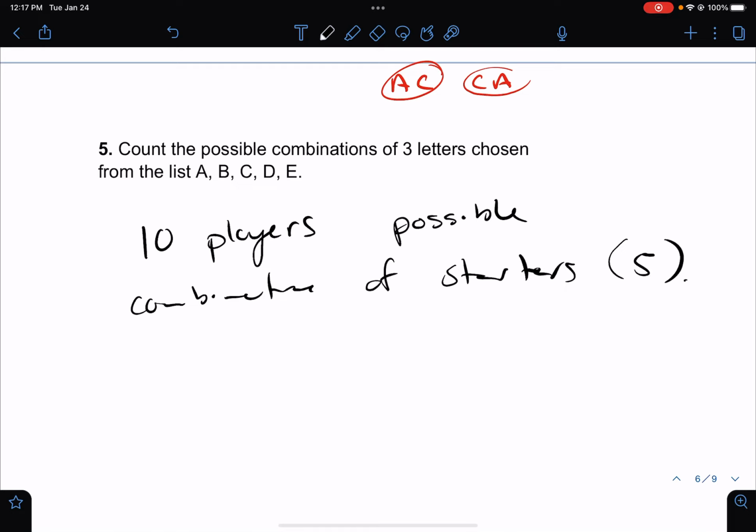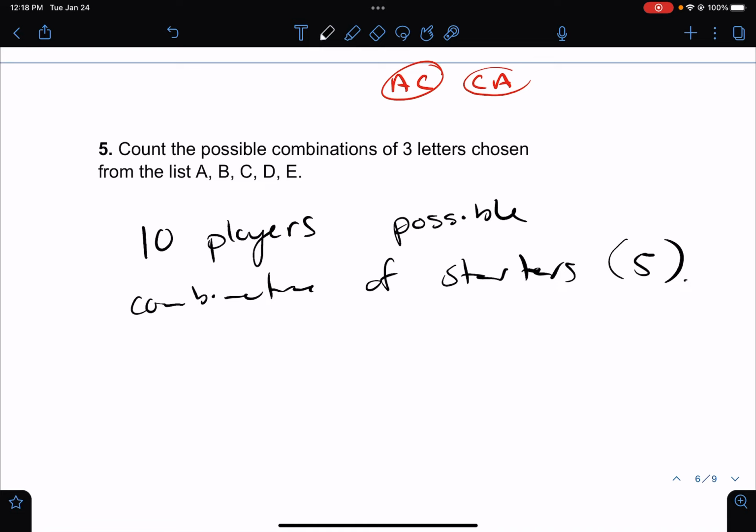So if you don't know basketball, if you have 10 players on your team, only 5 of them can be on the court at the same time. So if I have 10 players, how many different starting lineups could I have? How many different combinations of 5 players could I get? Because the order doesn't matter, it doesn't matter if I pick Peter first or if I pick James first.